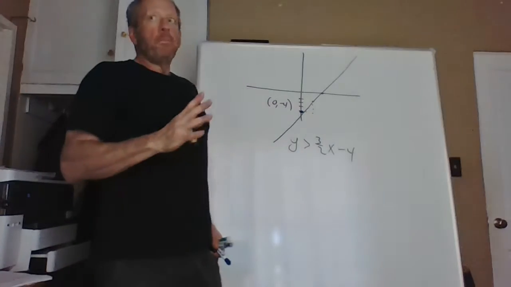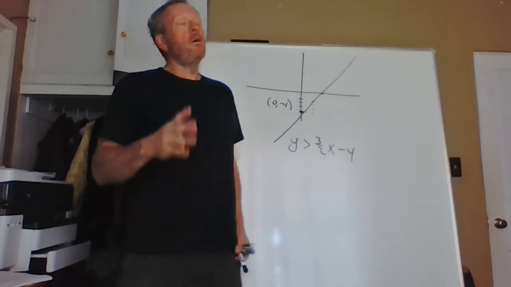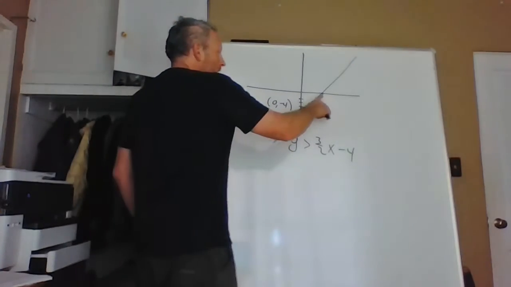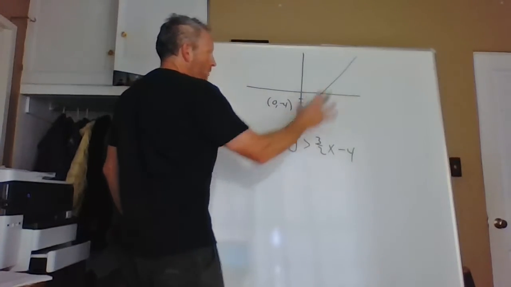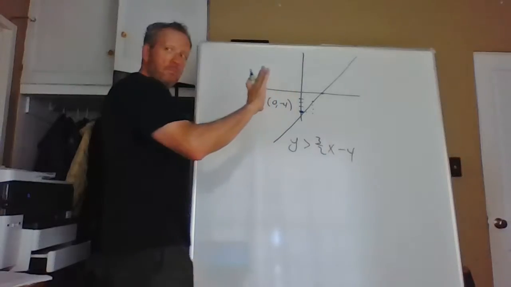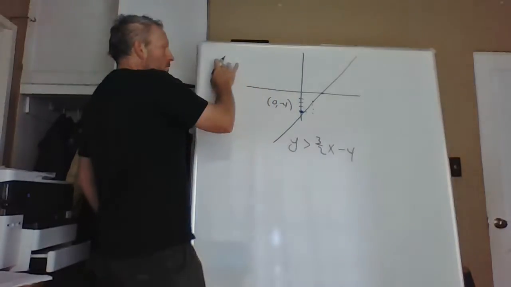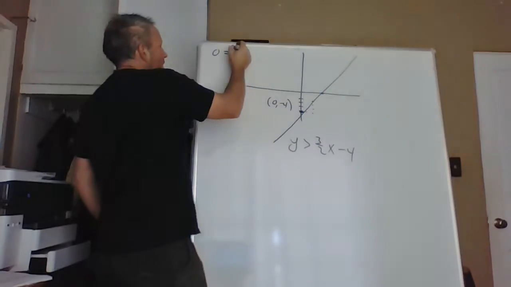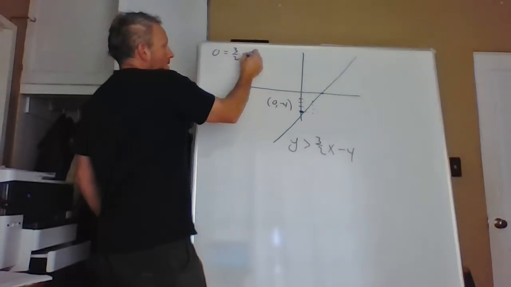Again, I think it's a good habit to always try to indicate what the x and y intercepts are. How do you find the x-intercept? You set y equal to 0. So let me do a little work off to the side. 0 equals, I'll just make it equals for a second, 3 halves x minus 4.